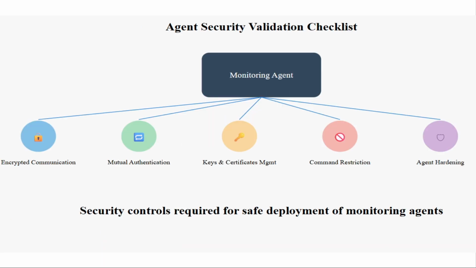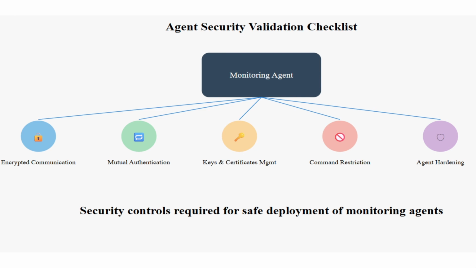The security of the agent itself is a topic that is often overlooked when selecting a monitoring platform, and that's unfortunate. You should evaluate how communication is encrypted. Today, encrypted communication is expected, but the real question is whether the implementation meets your organization's security standards and compliance requirements. You should also verify whether mutual authentication is supported.